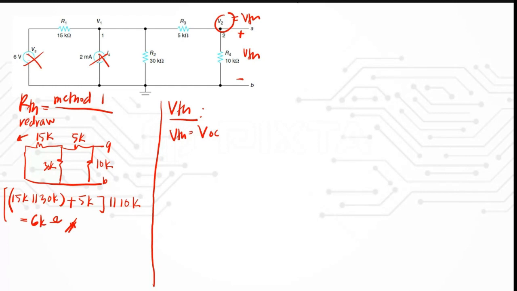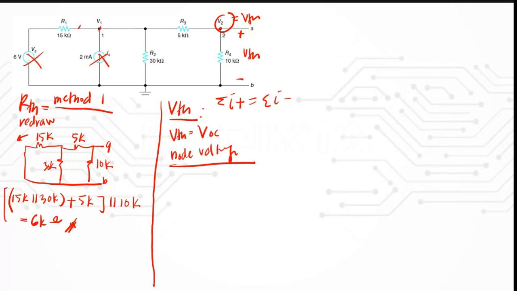Obviously here we can use the node voltage analysis. Here is node 1 and here is your node 2. Using the node voltage analysis, you just need to sum the positive currents with negative currents, so you might just put your directions of current.